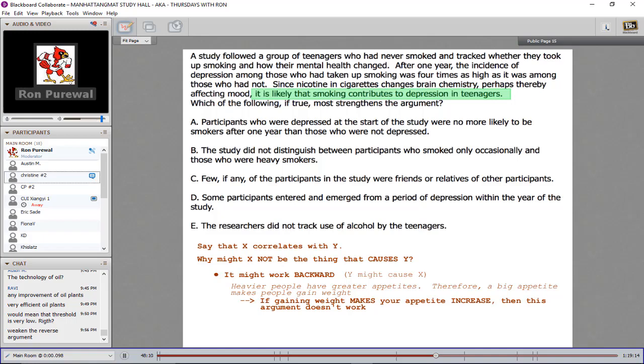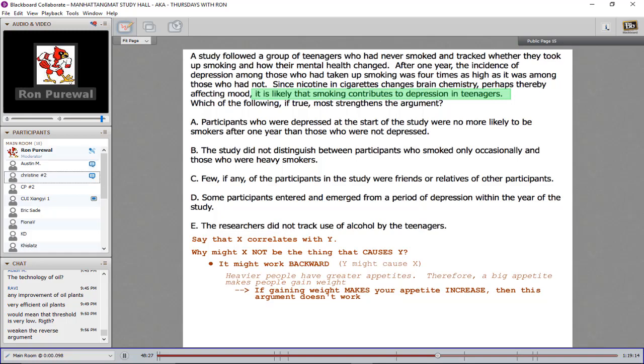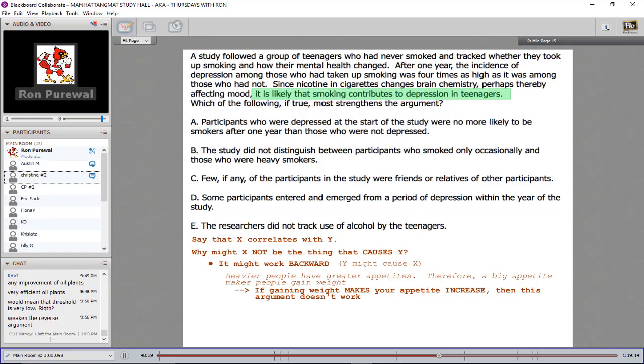What's the other way that you could knock down a cause and effect argument? Anybody know? I can give you a pretty easy example of it.